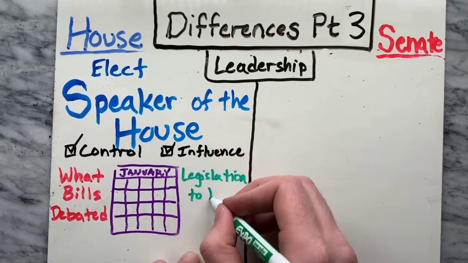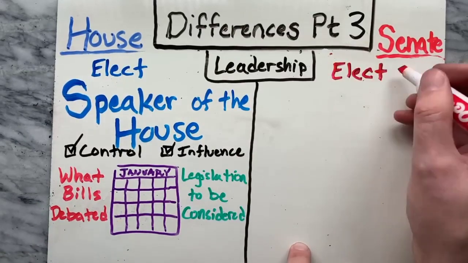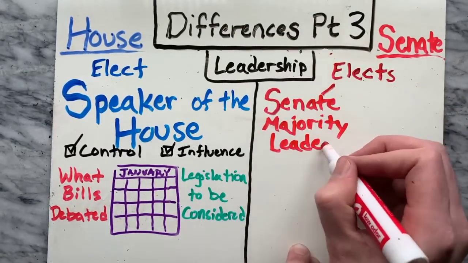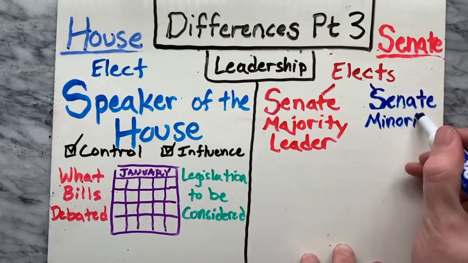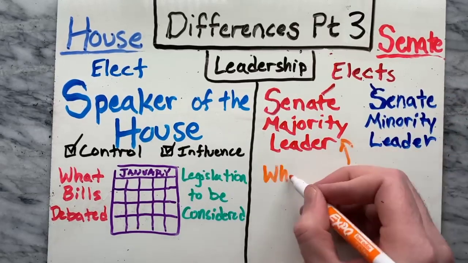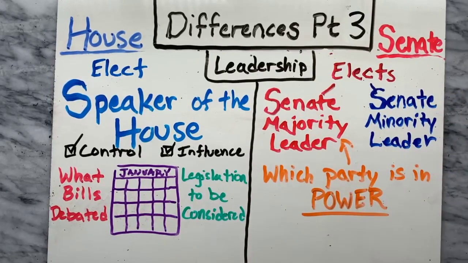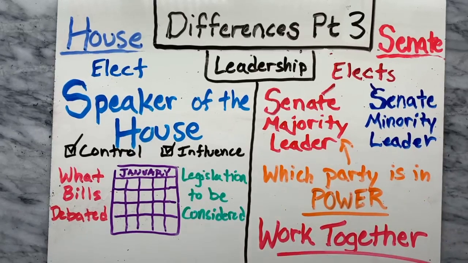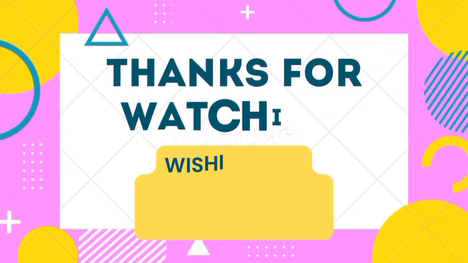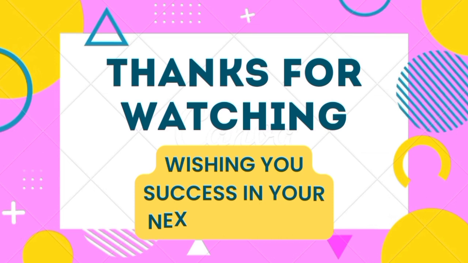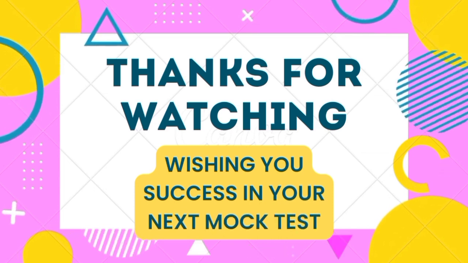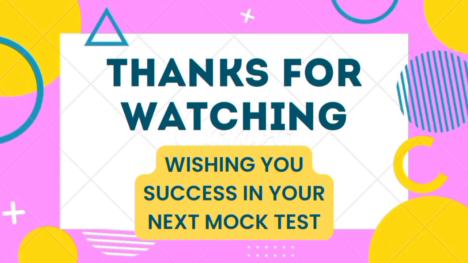When bills are passed, bills are debated, legislation has to be considered, and all the bills have to be voted on before they are passed to become law. Then in the Senate, the senators have the majority leaders, the minority leaders, and whichever party is in power. Oftentimes, they work together for the betterment of the country in passing laws.